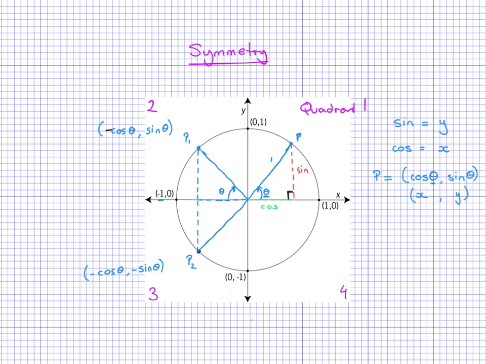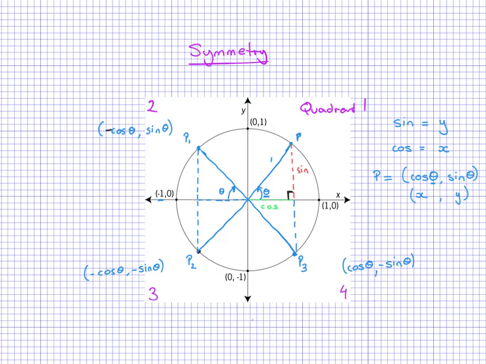So continuing around into quadrant 4, we've got our point on the circle. We'll call it P3. You might notice that the y value is still below the x-axis, so therefore the sine is going to be negative, but the cos has flipped back to the positive x values, so that's just cos theta.